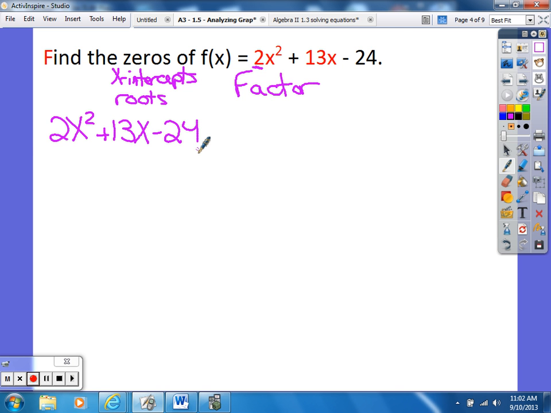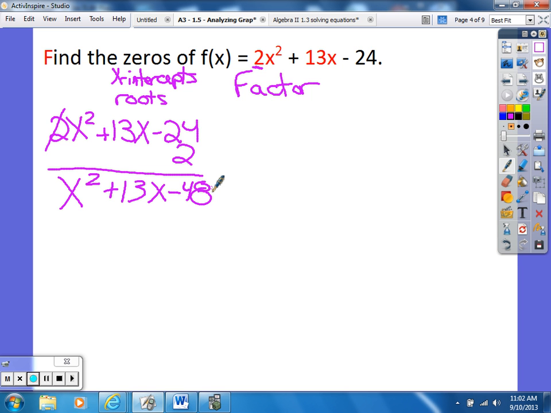In order to do the Bednar method, you cross off the 2, and you multiply the last number by 2. So I get x squared plus 13x minus 48. And then we factor that. We have to ask ourselves, what times what is negative 48 but adds to 13?